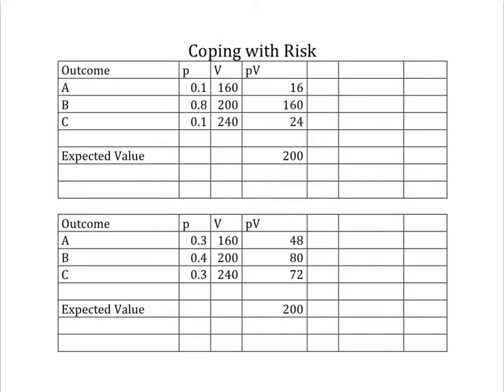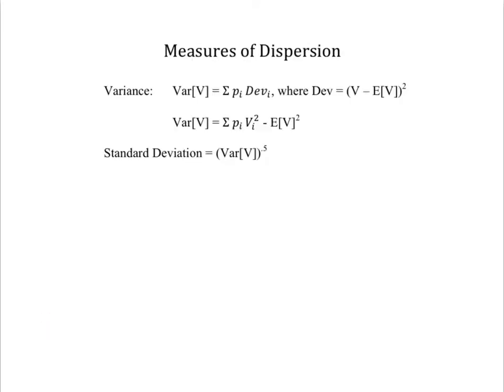We characterize risk by measuring the dispersion of the outcomes around the expected value. The two primary measures of dispersion, you will recall, are the variance, which is computed by squaring the deviation of the value of each outcome from the expected value, weighting each deviation by the probability, and summing across all the possible outcomes.